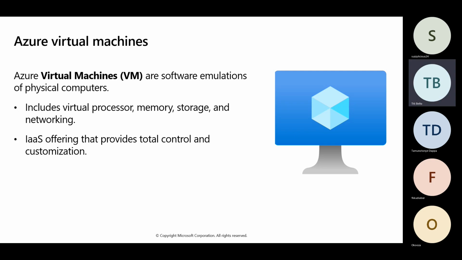This abstraction layer allows the hardware elements of a single computer, like the processor, the memory, the storage, and every other component of that hardware, to be divided into multiple virtual computers. These virtual computers are commonly called virtual machines.